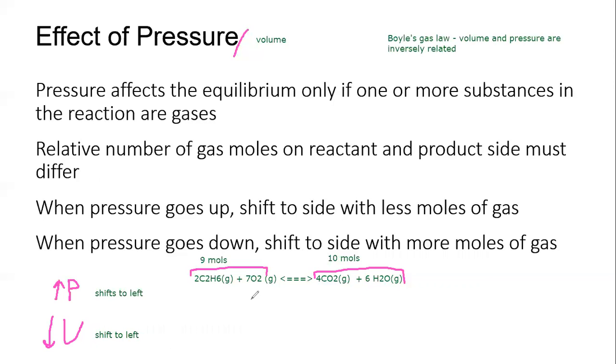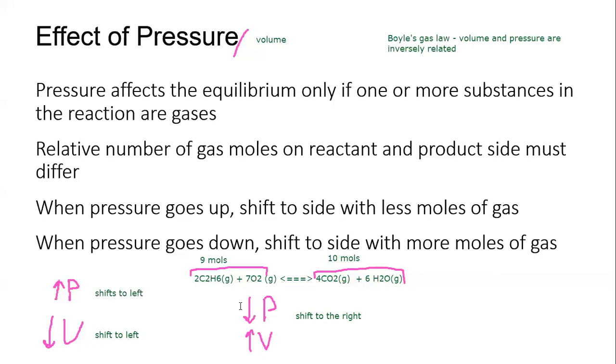Now, if I decrease pressure, or if we say increase volume, it's going to shift to the side with more moles of gas. So in this case, it's going to shift to the right. And so that's how you know the effect of pressure or volume.